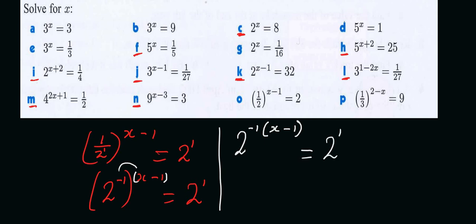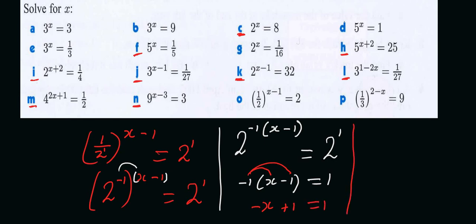So now we have the same base, so we can now equate the exponents. -1 times (x minus 1) equal 1. So let's distribute -1 into x and also into this. So -1 times x is going to give us -x, and -1 times -1 is +1, so equal 1.